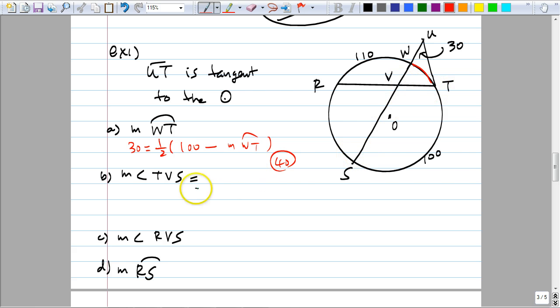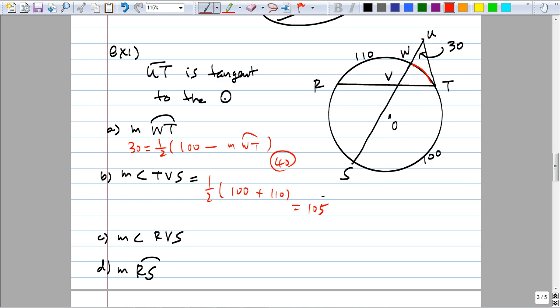TVS is equal to 1/2 times 100 plus 110. Remember this? That's our first theorem of the day. What does it come out to? Easy enough? You guys remember that? So this is a nice example.